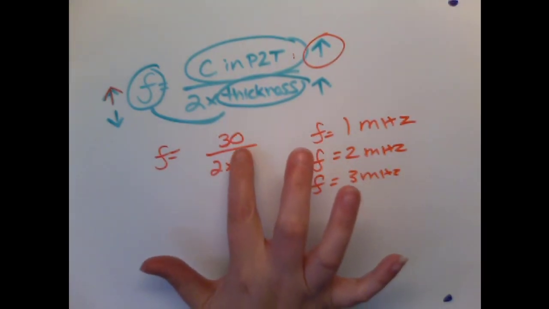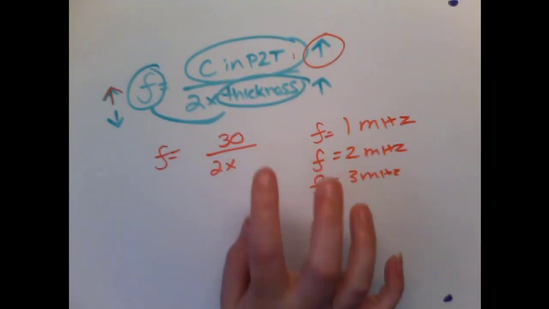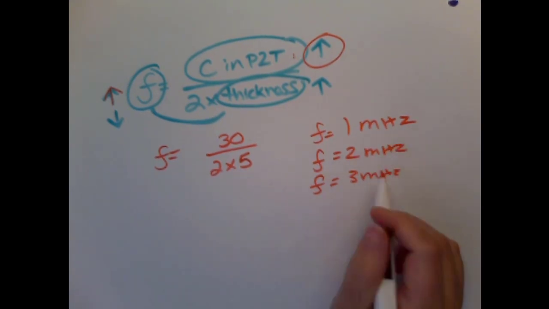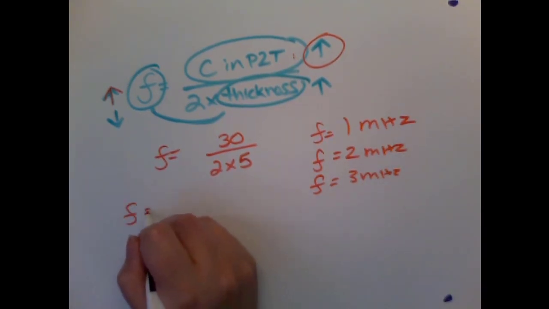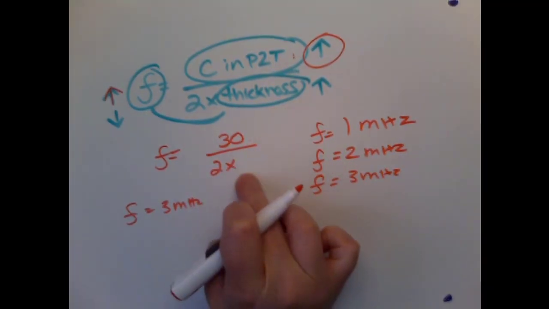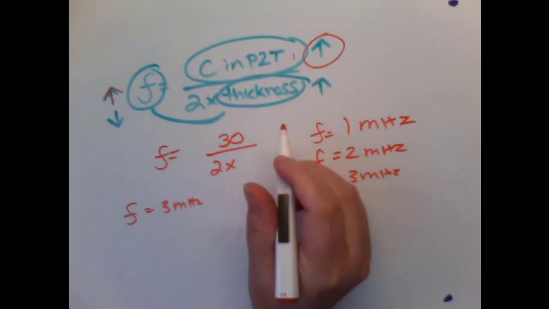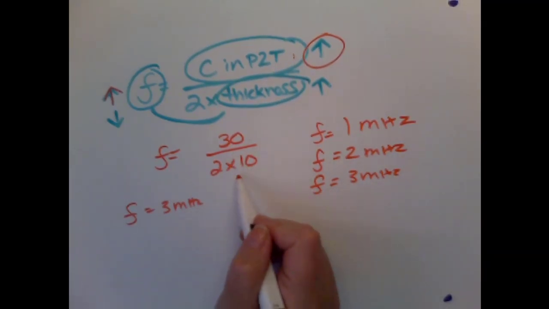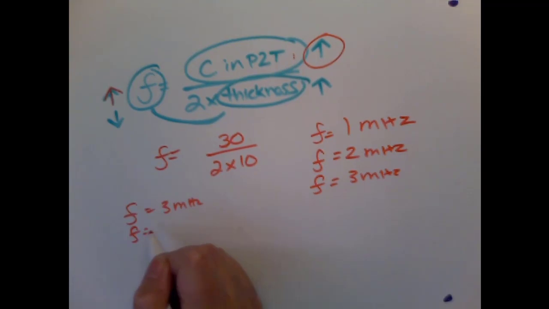Now let's look back at changing the thickness. So let's start when it was 5. 30 divided by 10 gave us a frequency of 3 megahertz. Let's make this 10 now. 30 divided by 20, frequency equals 1.5 megahertz.